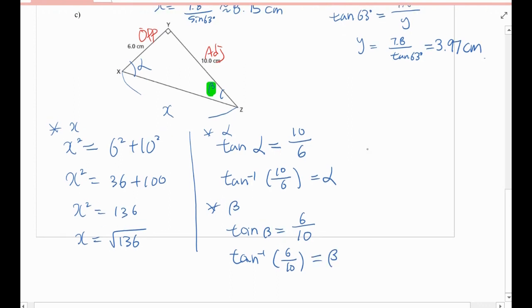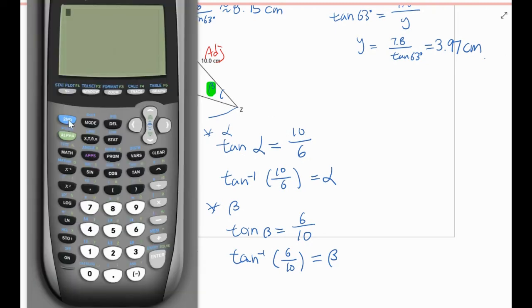Okay, let's find alpha using your calculator. Second, inverse tangent, 10 divided by 6. This is alpha, that's 59.03 degrees. And inverse tangent of 6 divided by 10 is 30.96.